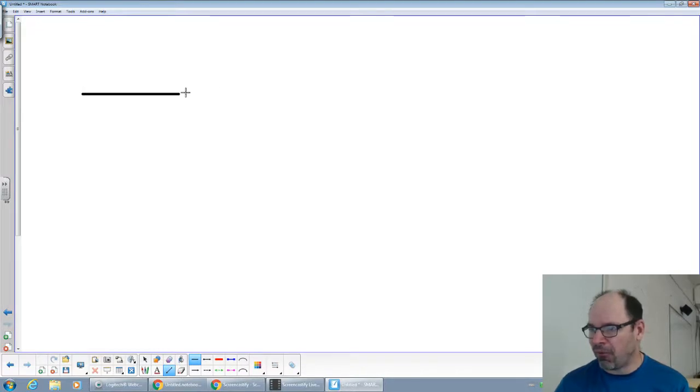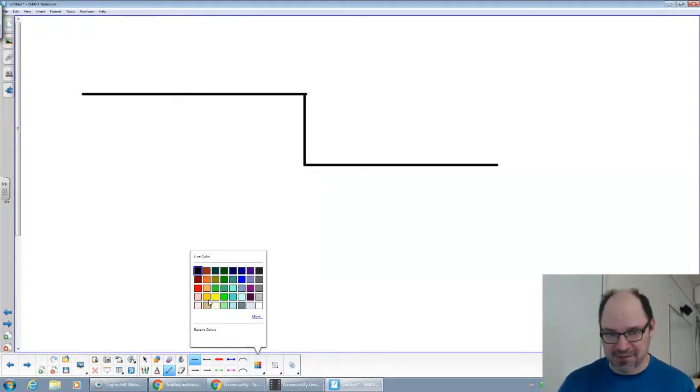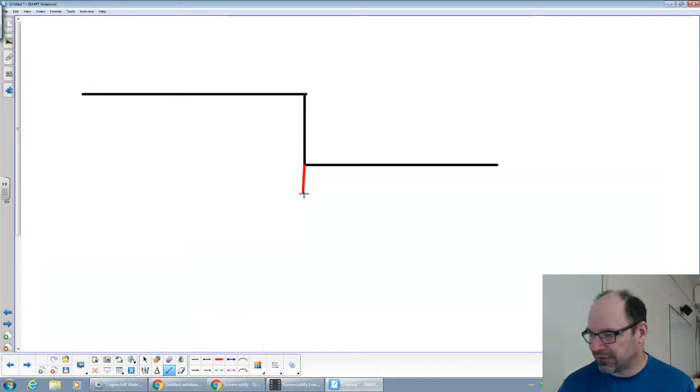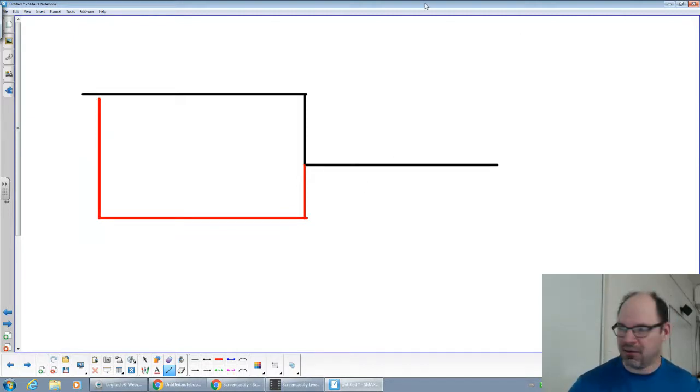So let's say we have a wall that goes like this. Okay, this is wall, and we're going to put a pen this time that goes like this. Okay, comes off that wall, goes out here, and comes back in. Okay, so let's label this up. Let's type the question here. It doesn't really matter where.